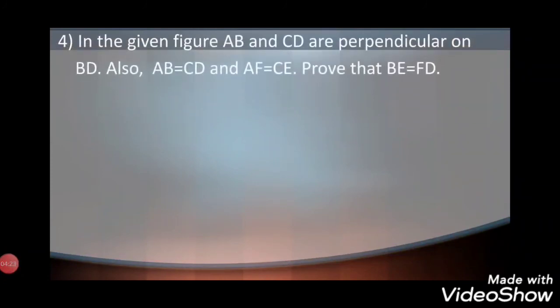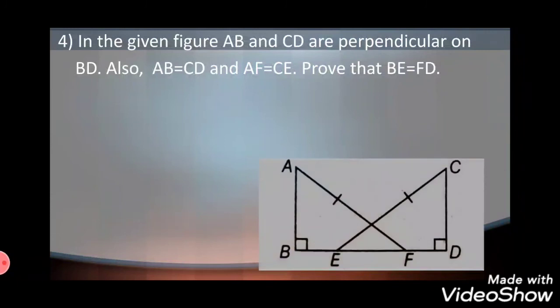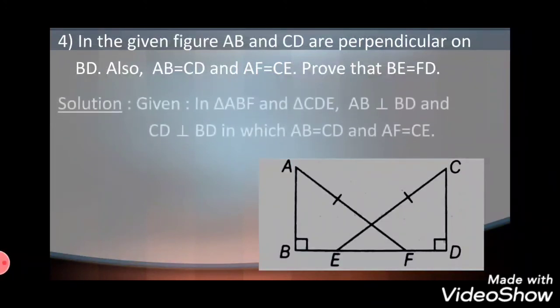Question number 4. In the given figure, AB and CD are perpendicular on BD. Also, AB equal to CD and AF equal to CE. Prove that BE equal to FD. Now, according to the question, let's first write in the solution the given.